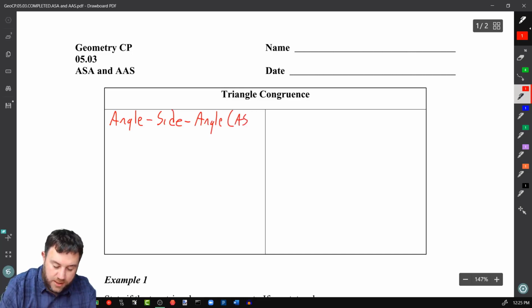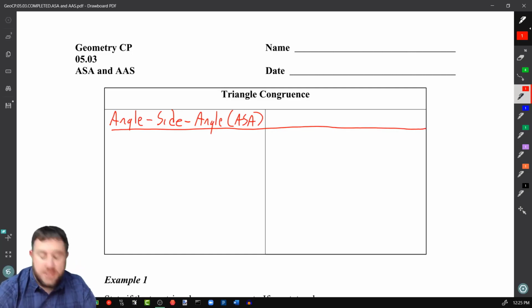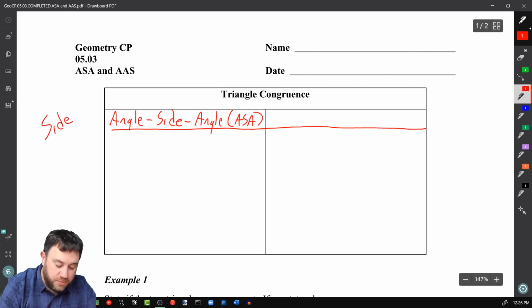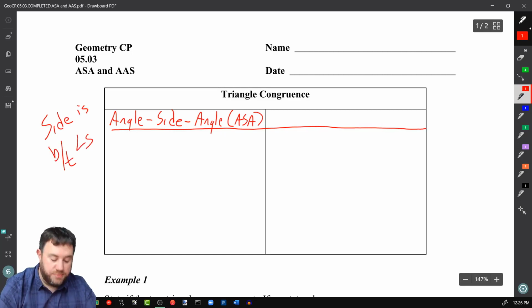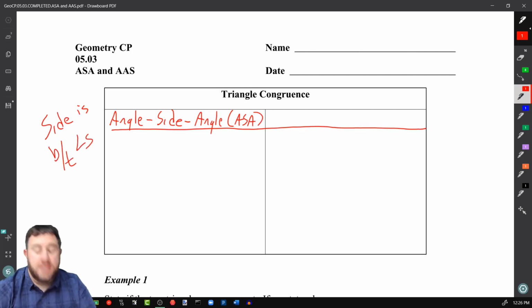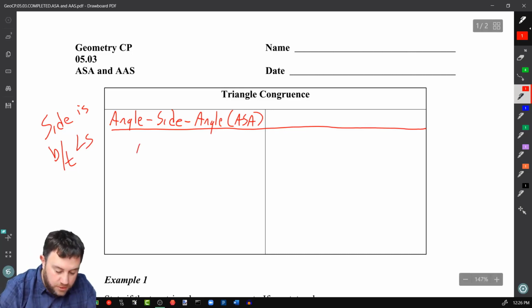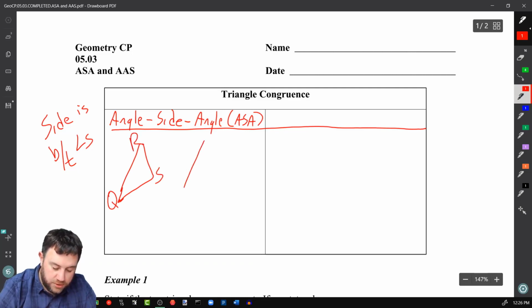So that's ASA. All right, and notice in our words, side is in the middle. So for this one, we'll have two angles and the side that is between the angles. B/T stands for between. So if we've got triangle QRS and triangle TUV.